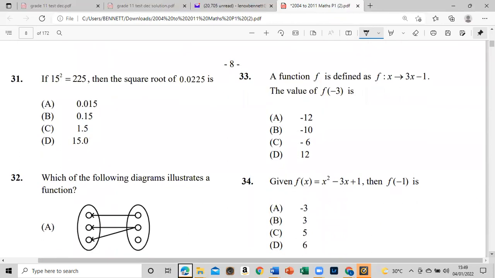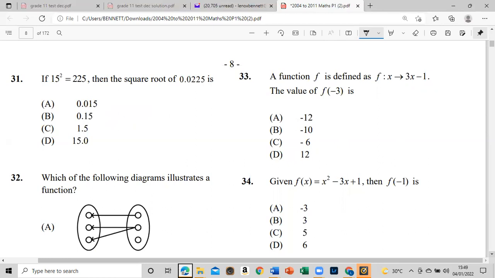If 15 squared is equal to 225, then the square root of 0.0025, let me see, square root, I want to have a tricky one here.